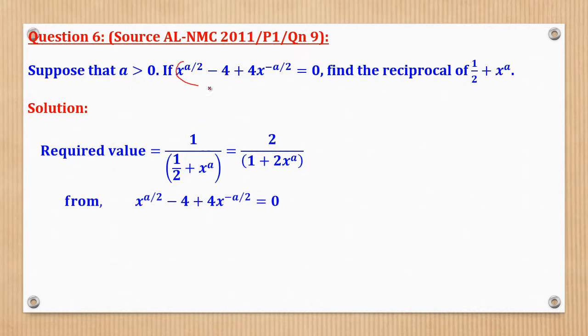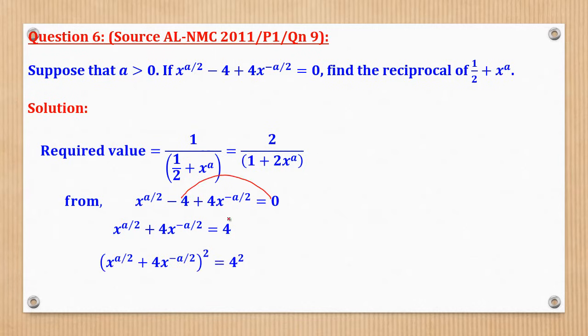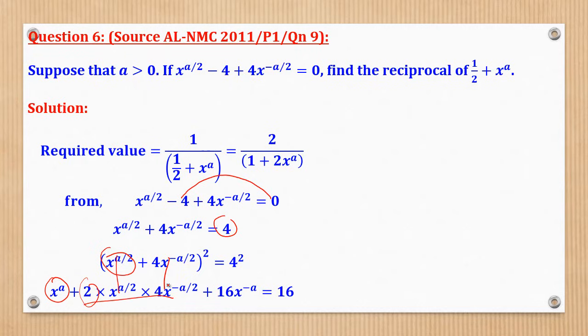Now from this given equation, we need to use it to get this expression. So rearranging gives you that. What I've done, I've brought this to this side to come up with this. Then square both sides. So when I square, this squared gives you x power a. Then 2 times this gives you this middle term.